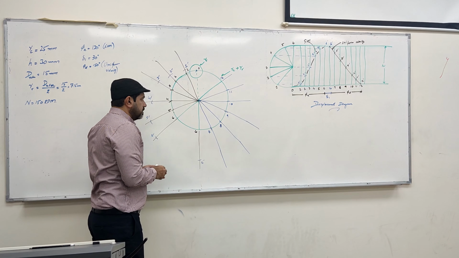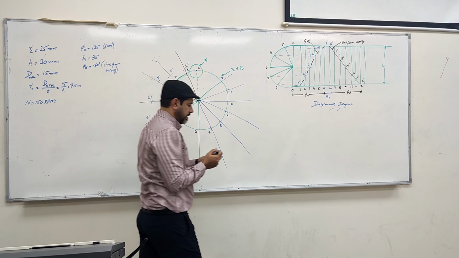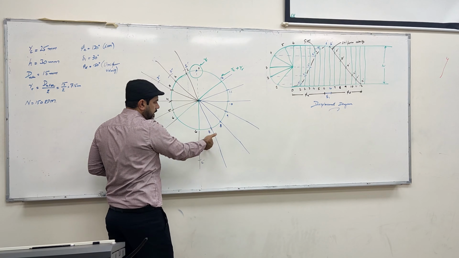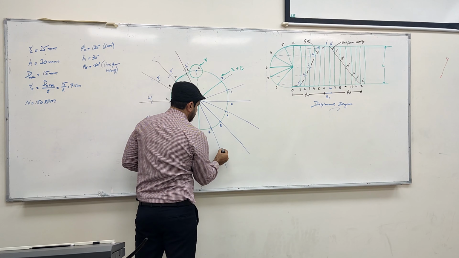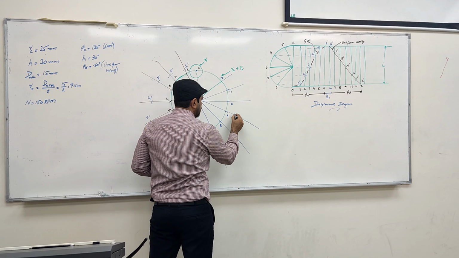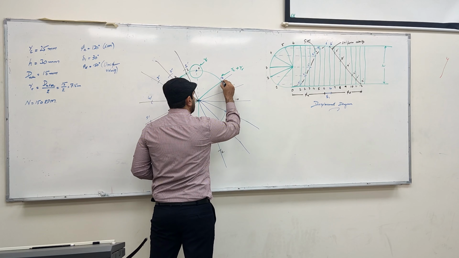All right, let's take the references again. 6 prime, we already have it. Up to the point 7, and then 7 prime. Come back over here, mark it. 7 prime, 8 prime, 9, 10 prime, 11 prime, same point.